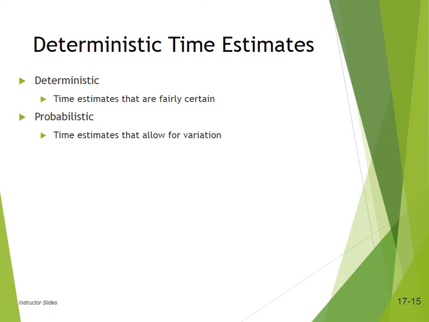Deterministic time estimates. The time of an activity can be deterministic when we can say for certain that it is a specific time, say 5 days. So that is deterministic, or it can be probabilistic. We call an activity duration probabilistic when it can vary within a range, say from 3 days to 6 days.